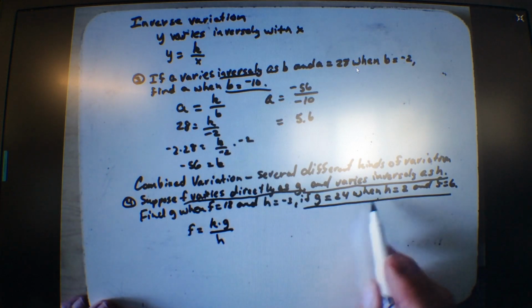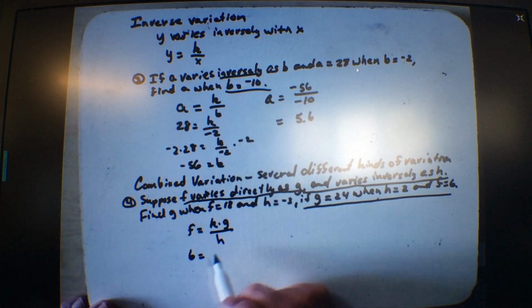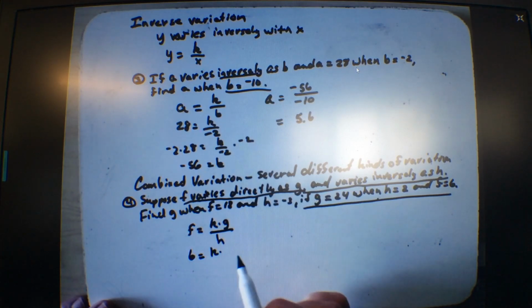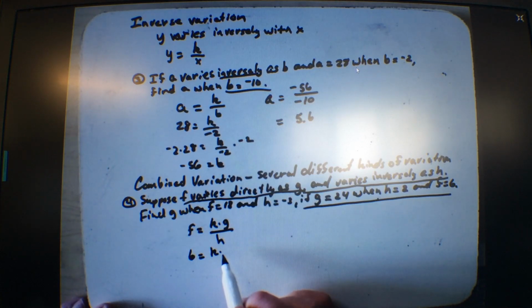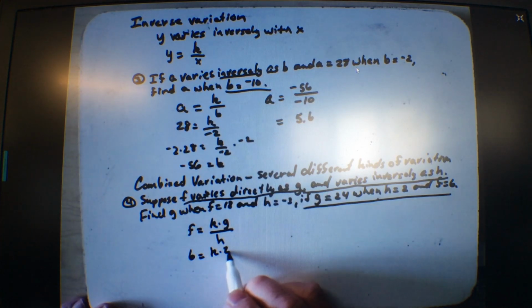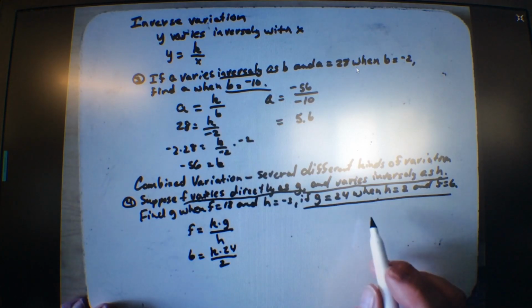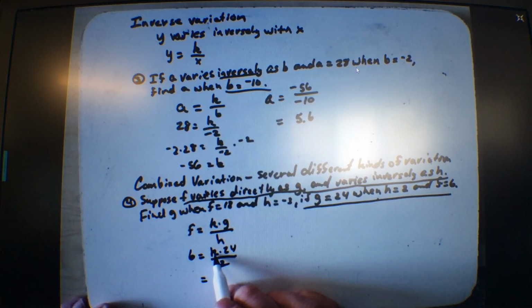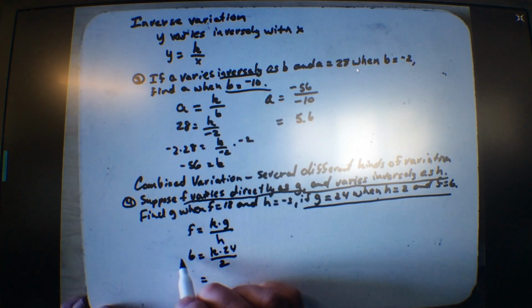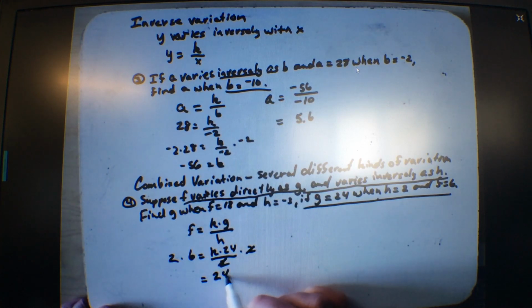So I would use this information that F equals 6 when, and I don't know K, that's what I'm trying to find, the constant of variation. And G varies directly, so G is 24 and H is 2. I use this information and I've got to find K, right? So I'm going to multiply both sides by 2, correct? The 2's cancel, so I get 24K equals 12. So what's K equal?